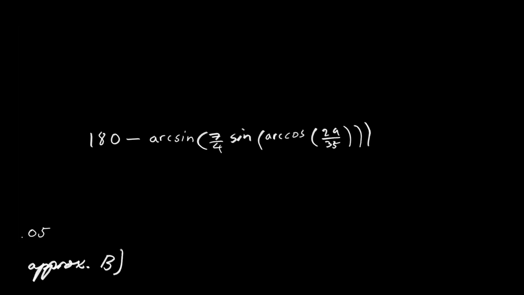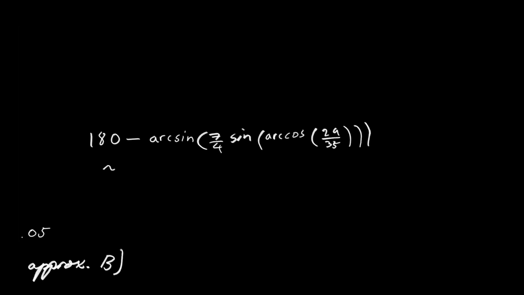Okay, and just give me a second to punch that into a scientific calculator. Okay, so 180 minus the arc sine of 7 over 4 times the sine of the arc cosine of 29 over 35, putting in the right amount of brackets so that I don't mess up.